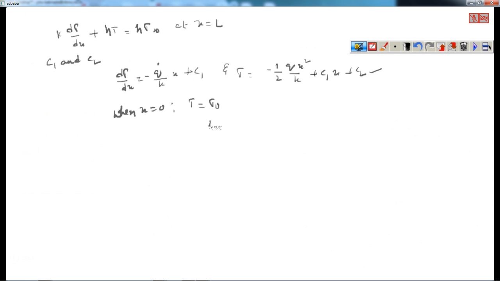Therefore T0 is equal to minus q dot x square, with x equal to 0, by k plus C1 into 0 plus C2. Therefore C2 is equal to T0. This is the boundary condition x is equal to 0 that I applied.